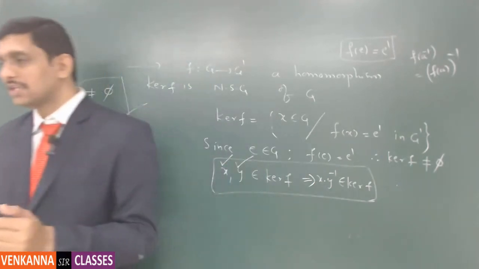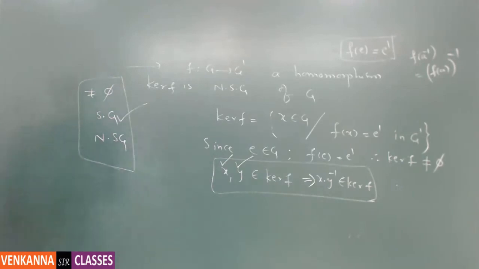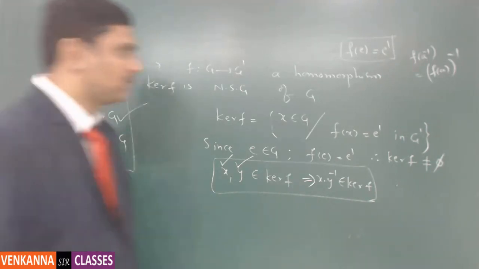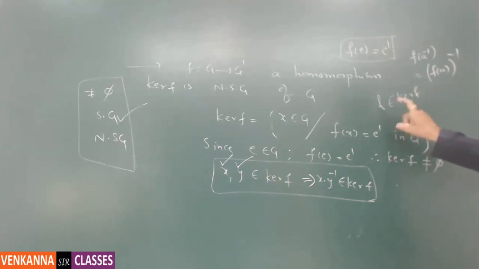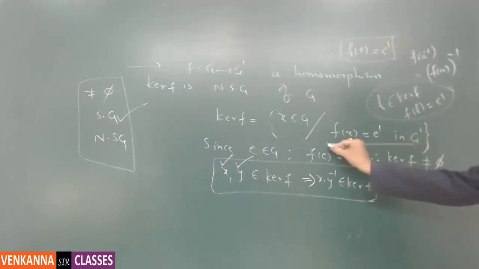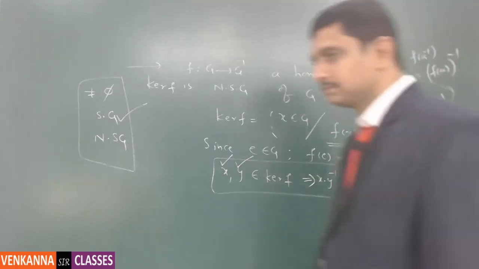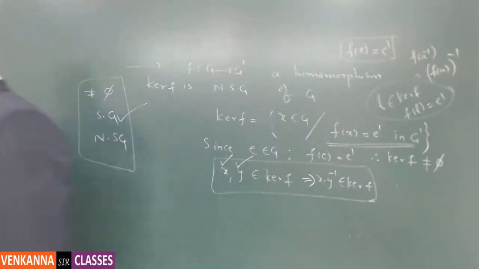Did you get the context? I repeat: if I want to show that L belongs to the kernel, I have to prove that f of L is equal to identity, as per the definition of kernel. Is everyone clear?